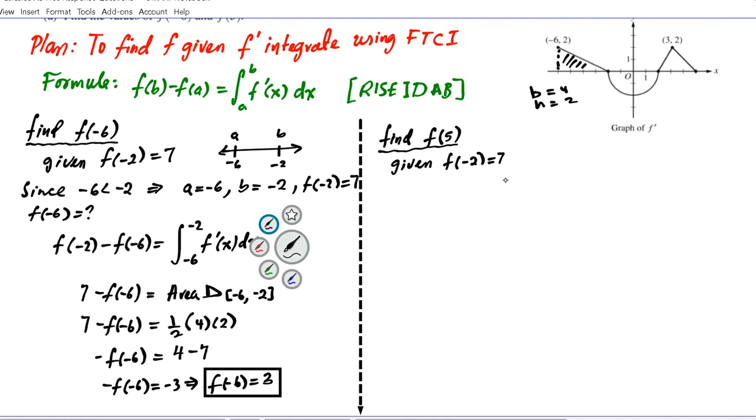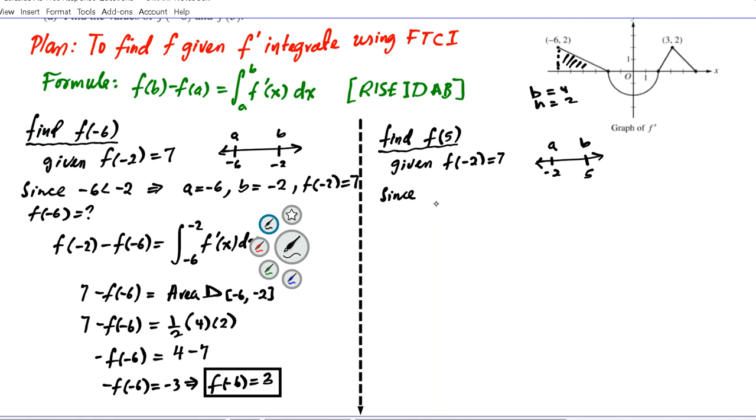So let's order our independent variables so we set up our integral correctly. -2 is smaller than 5, so which is A and which is B? A is the smaller one, -2 in this case, and B is 5. Let's write it again for emphasis.